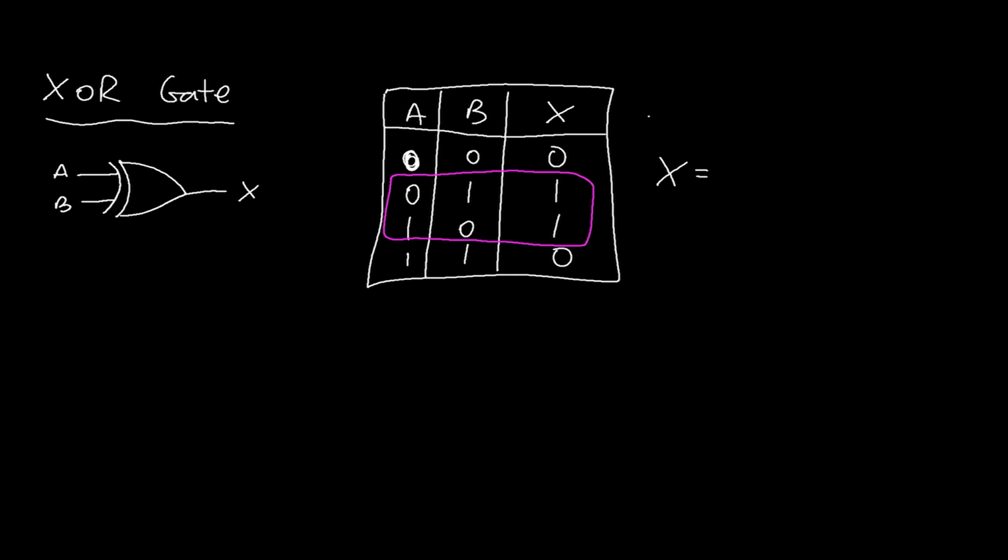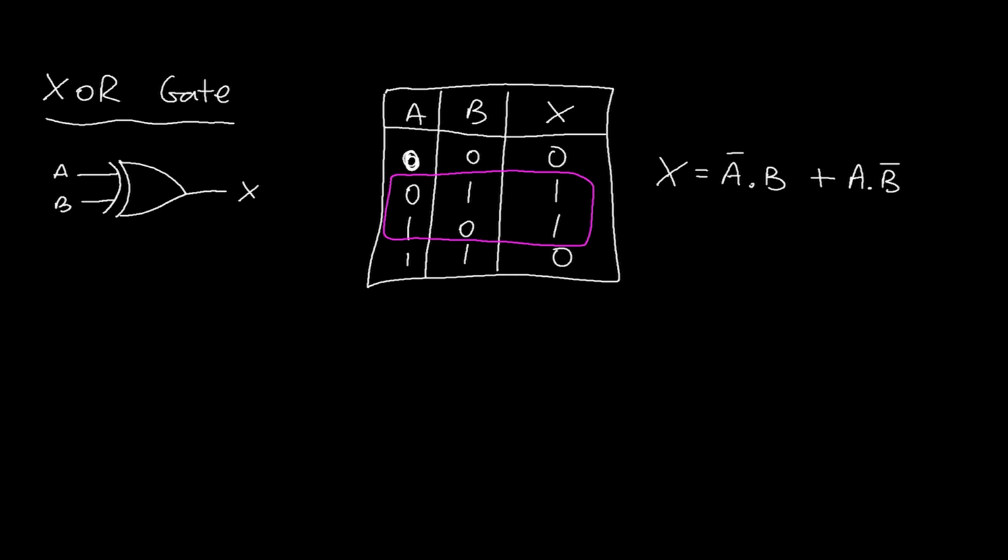So we're going to have, well, you can see here on this second row, we've got A is low, B is high, so NOT A and B, or the third row, A is high, B is low.